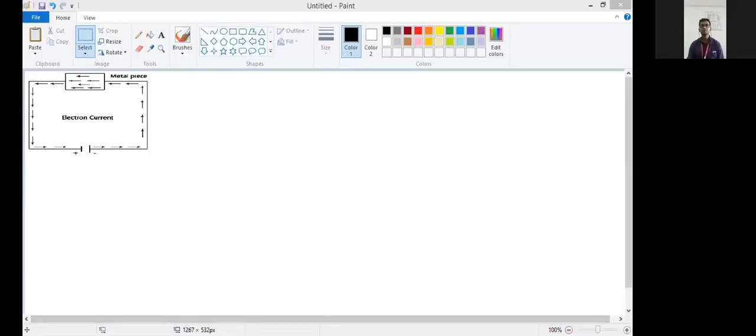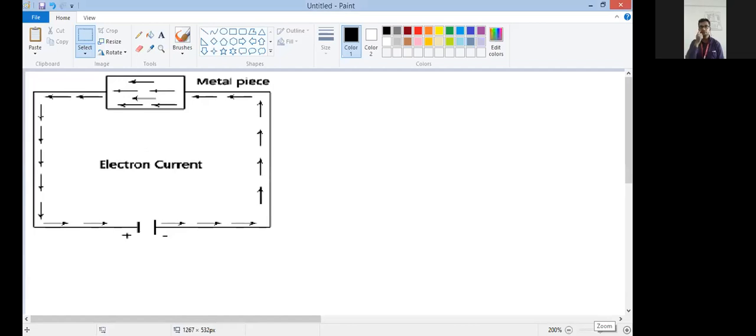So if you see this diagram which I shared with you, as you can see, this is a metal piece.